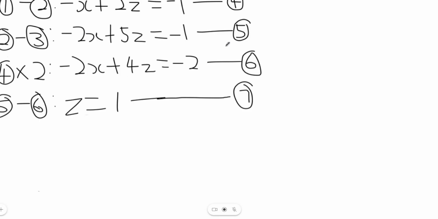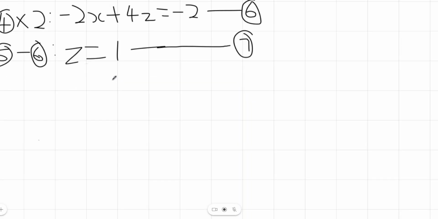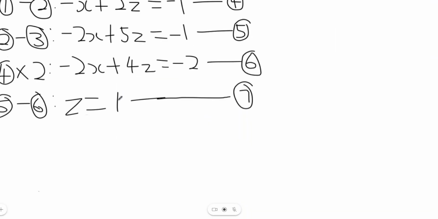I'm going to choose to substitute it into the equation of 6. So how do we substitute it? Okay, first of all, what is substituting? Substituting is basically just replacing the variable with the value of the variable. So if we substitute it into this equation, we get negative 2x plus 4 bracket 1 bracket equals negative 2.